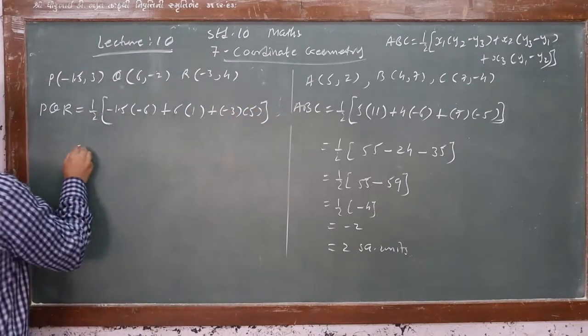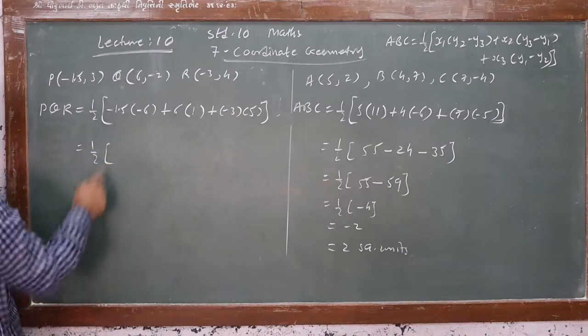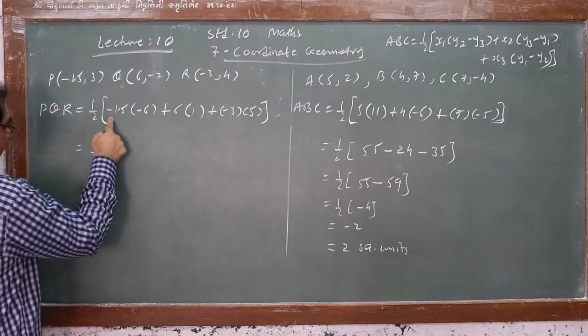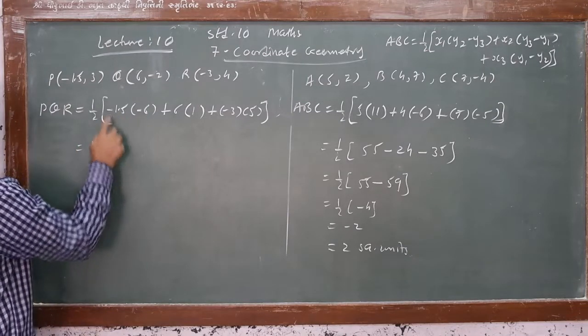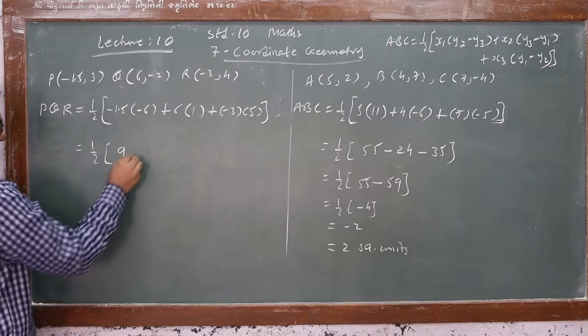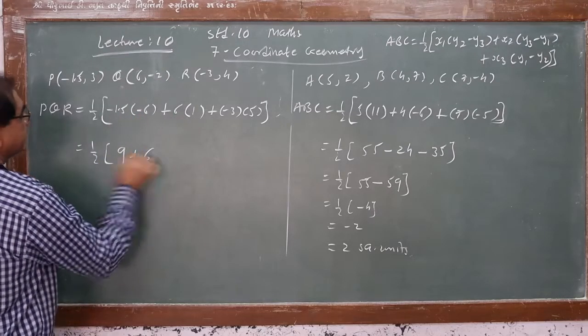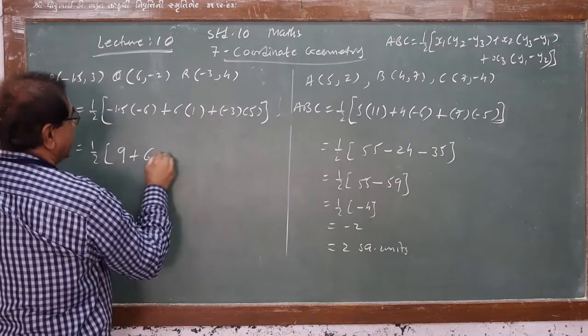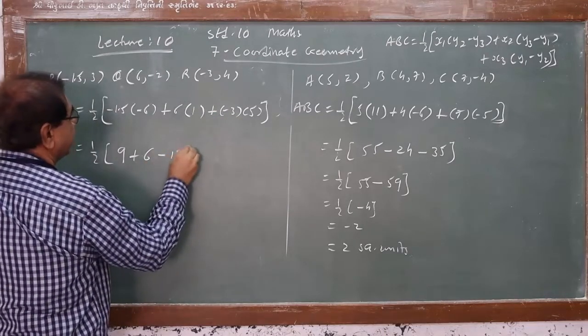Got it? So 1/2 into: 1.5 times 6 is 9, minus minus plus 6, 6 ones are 6, plus -3 into 5, minus 5 threes are 15.